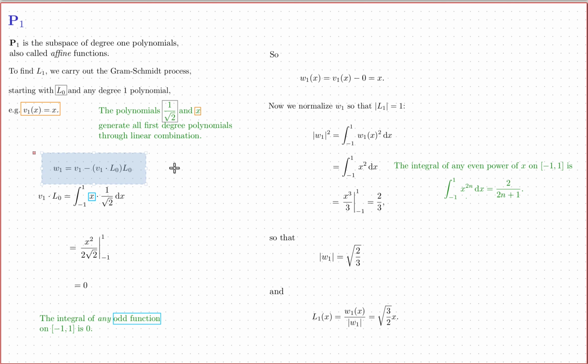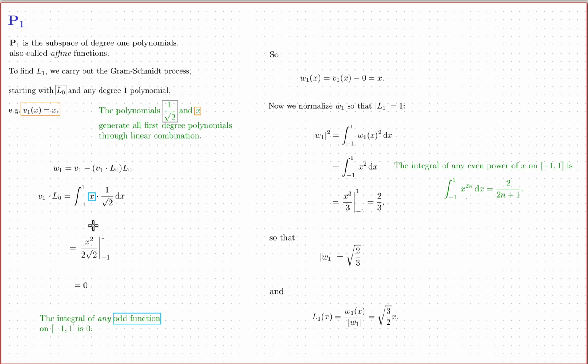Okay, so that's the first step. We have to compute this dot product, V1 dotted with L0. In that case, it's going to be the integral from -1 to 1 of the V1 function, which is x, times the L0 function, which is just the constant 1 over radical 2. Okay, so this is an easy integral to do.